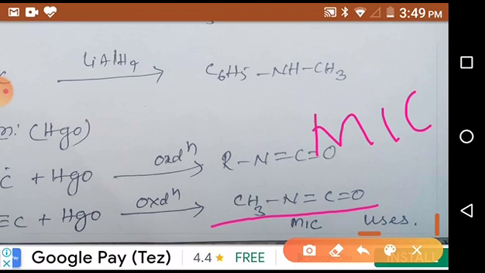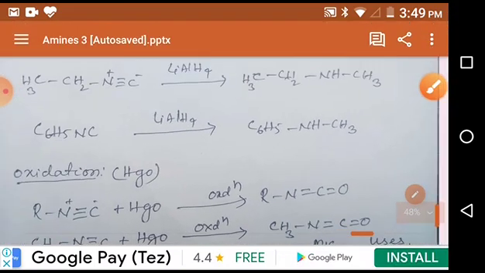This is a very poisonous gas. Even though it is poisonous, it is very useful in the synthesis of different agricultural pesticides in the agriculture industry. Especially these are used to prepare pesticides, insecticides, and fungicides. Okay, so this is about oxidation reactions.